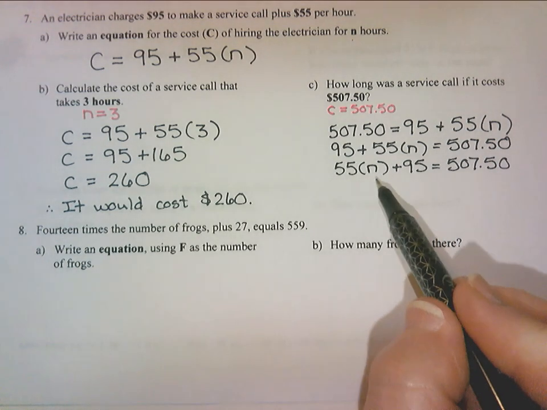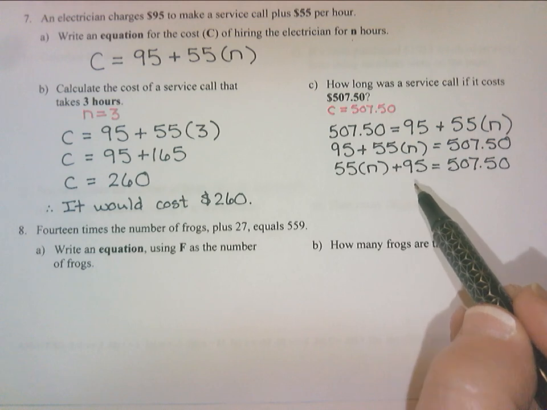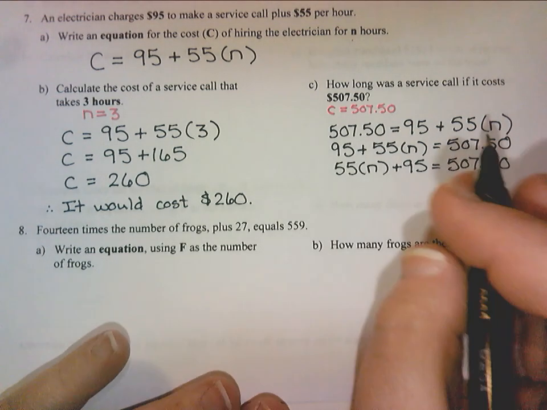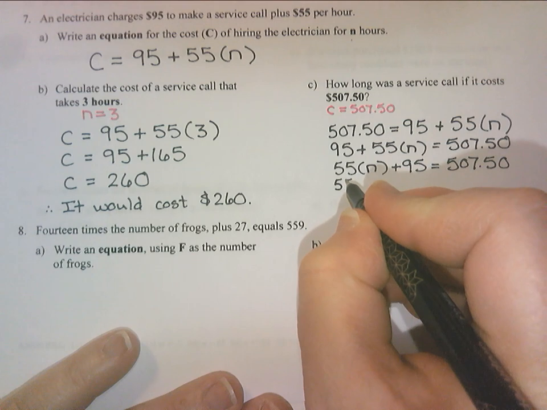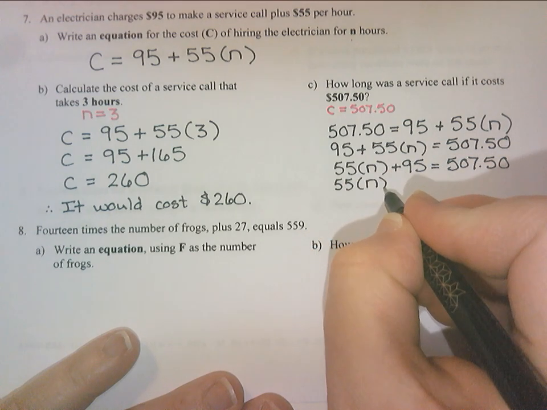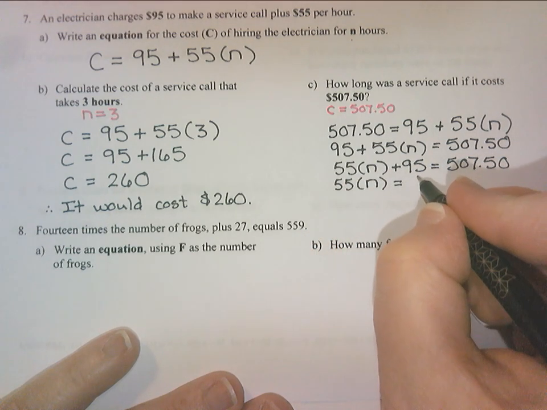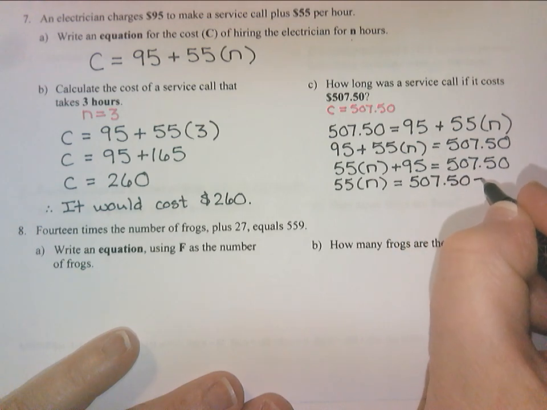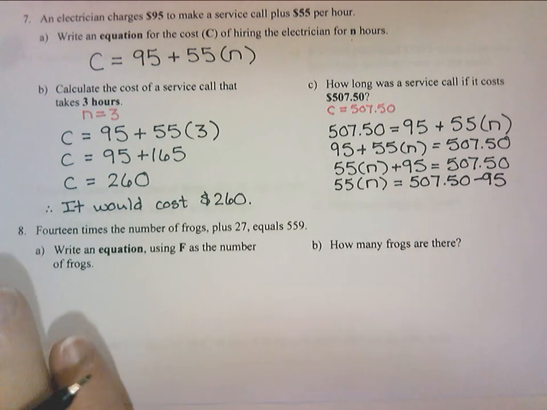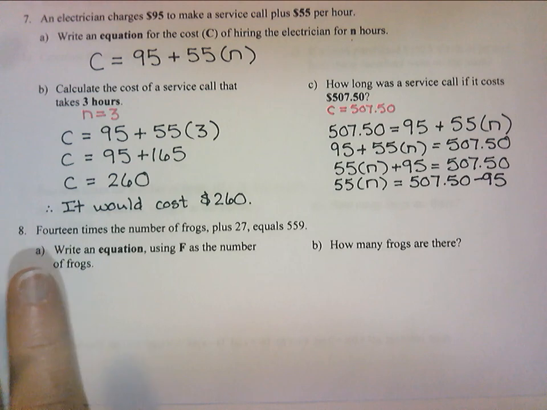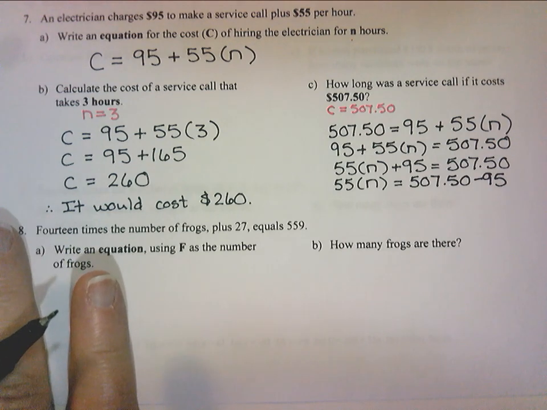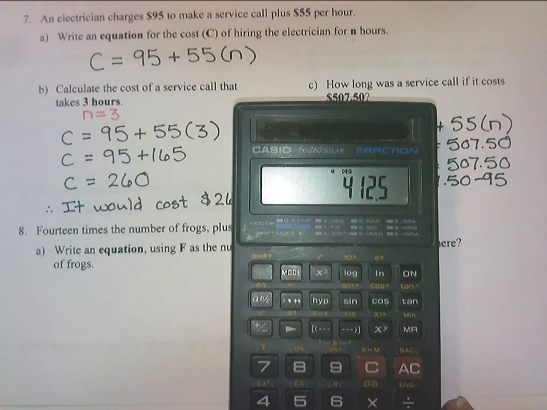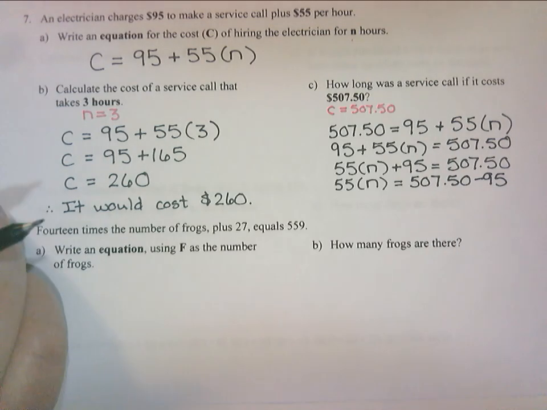I have multiplication and addition, so the addition and subtraction moves first when we're taking it to the other side. So I am going to do the inverse and subtract 95. So $507.50 take away $95. And I get 412.5.